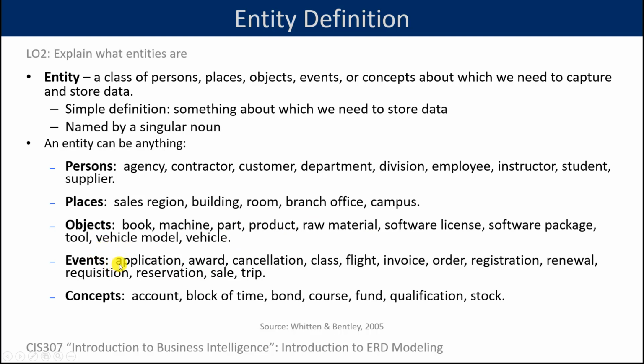Entities can also be used to store information about events or processes such as graduation application, in which a particular entity will store all applications filled in by students for graduation, awards, cancellations, something in relation to flights, invoices, orders, and things like that. An entity can also store information about abstract, meaning non-physical, non-material concepts such as your bank account. If you think about the bank account as an abstract concept, nowadays, it has digital implementation.